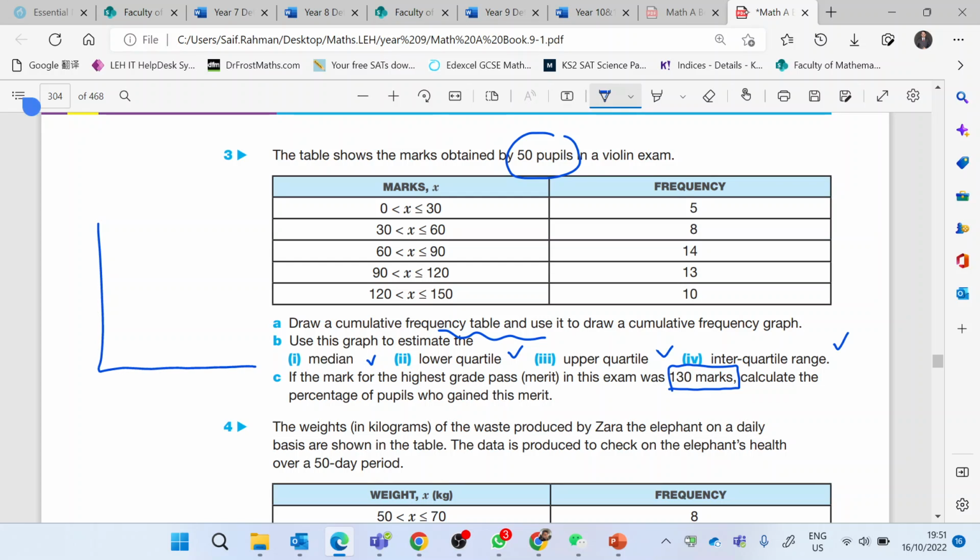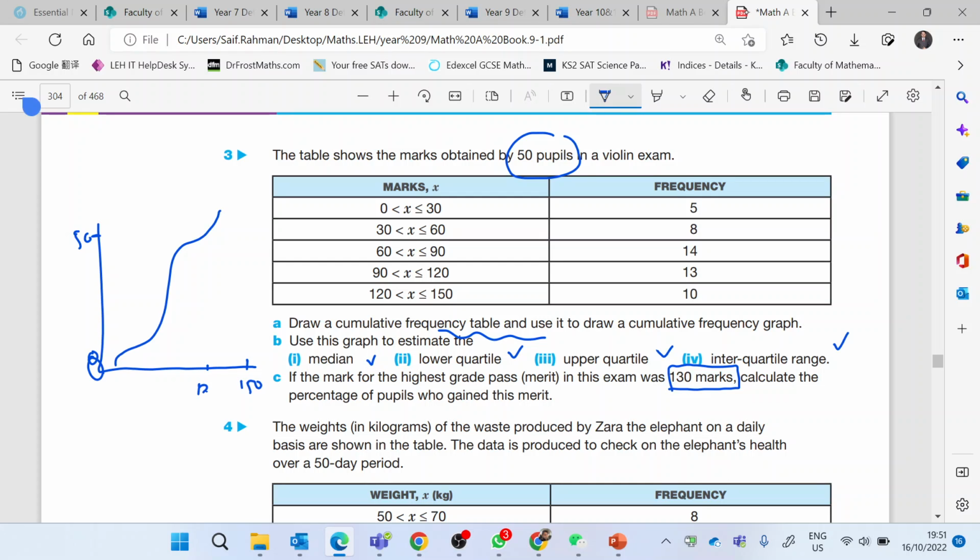So for example here it will be cumulative frequency from 0 here, 50 here, and the marks will also be 0 at this point, and the marks are 150 here. So you have to draw a graph here, and after drawing this table you have to look for 130.